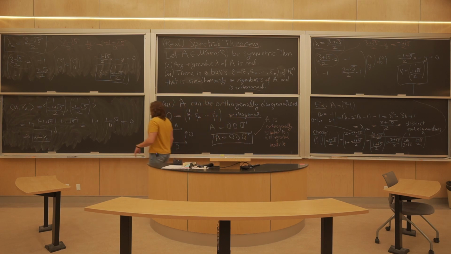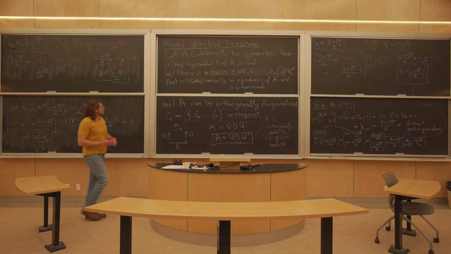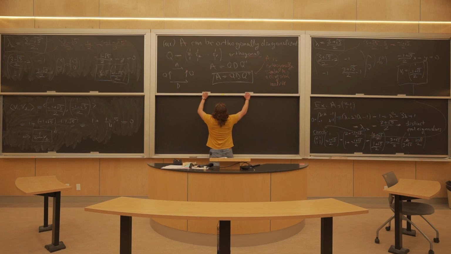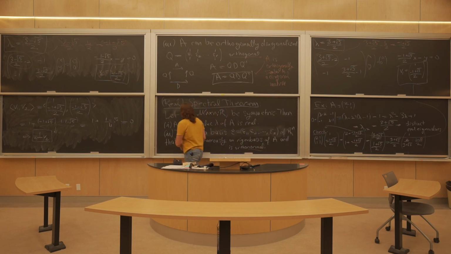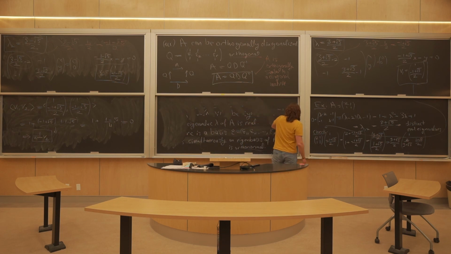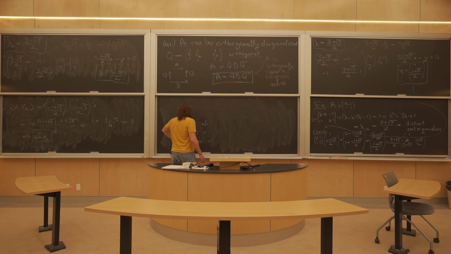Let's do another example. 3 by 3 this time. 6 minus 2 minus 1, minus 2 6 minus 1, minus 1 minus 1 5.